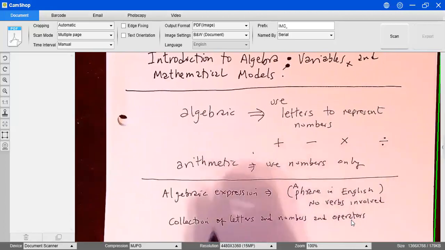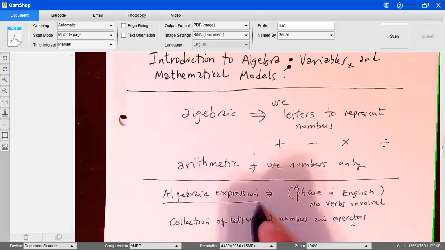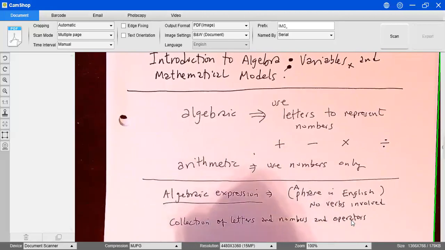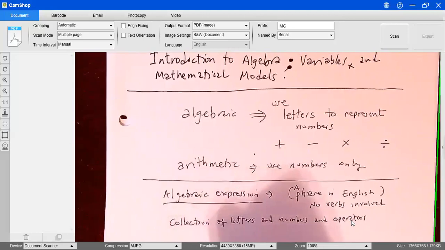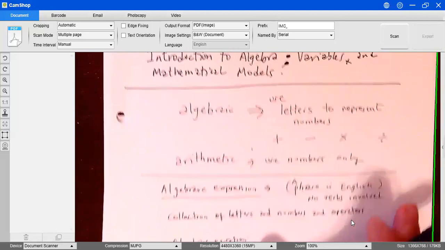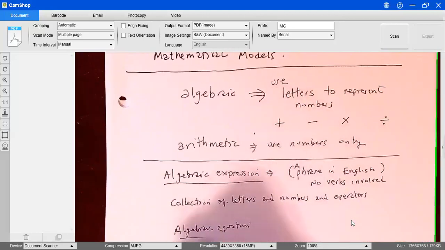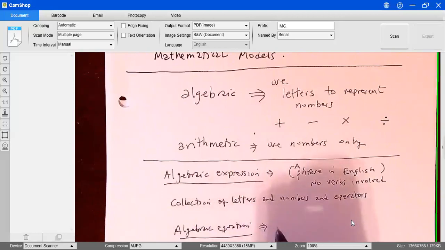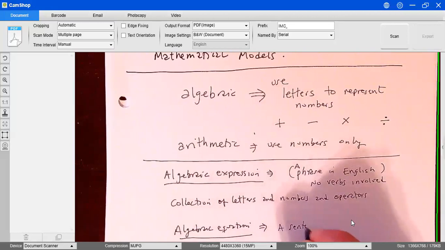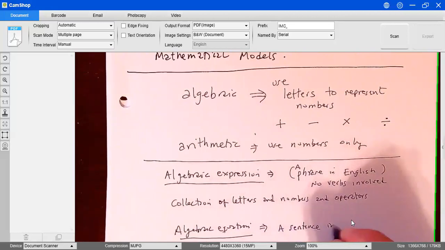And then we're going to have an algebraic equation. An algebraic equation is going to be equivalent to a sentence in English.